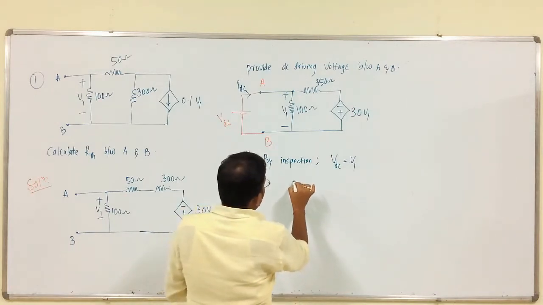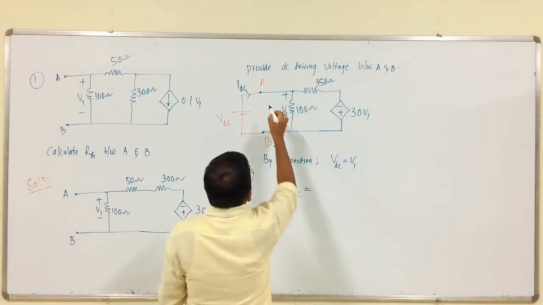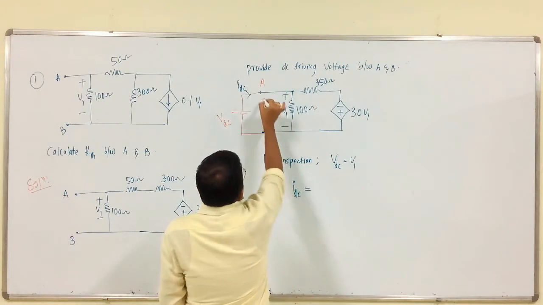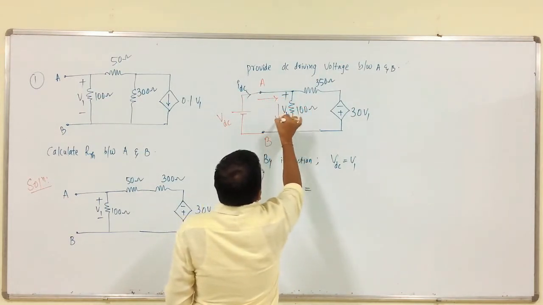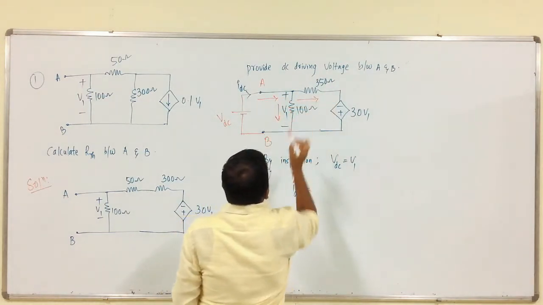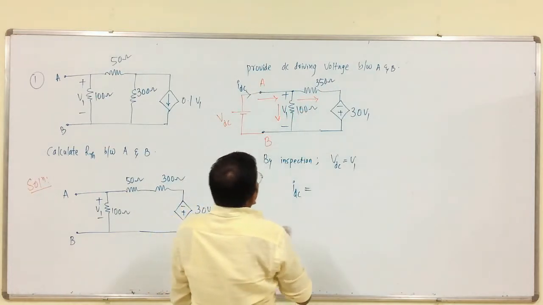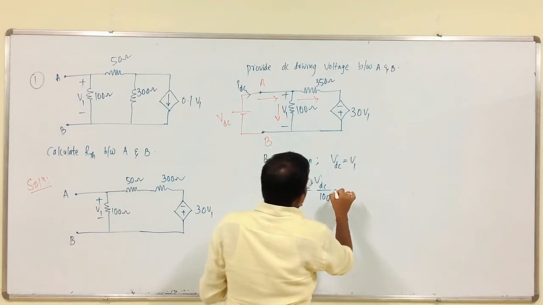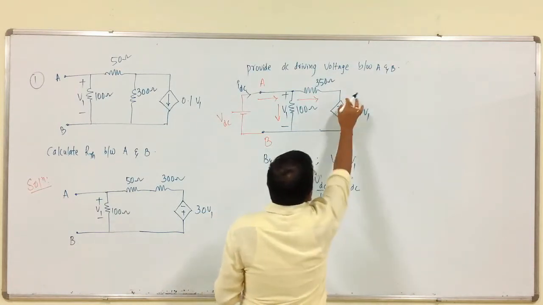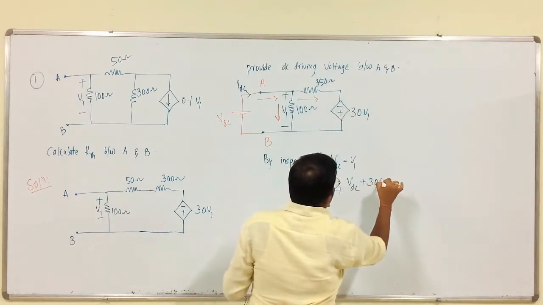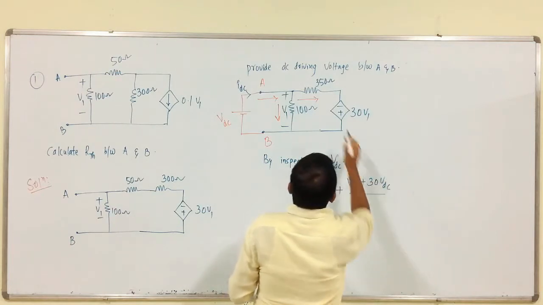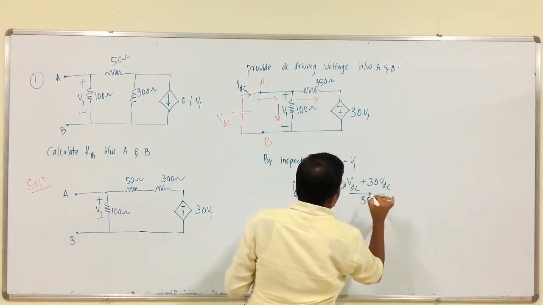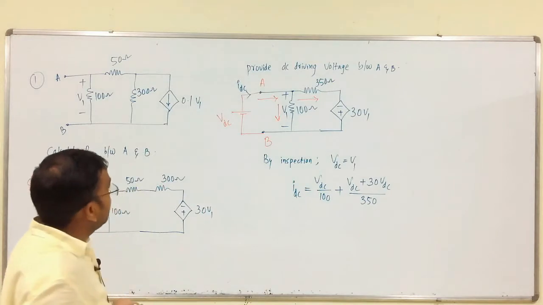Therefore, IDC entering equals IDC leaving, that is VDC by 100 plus VDC plus 30 VDC by 350, that is it.